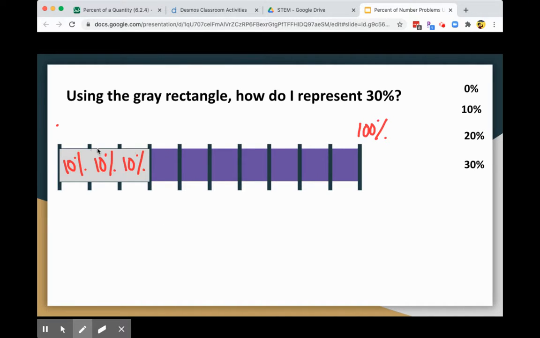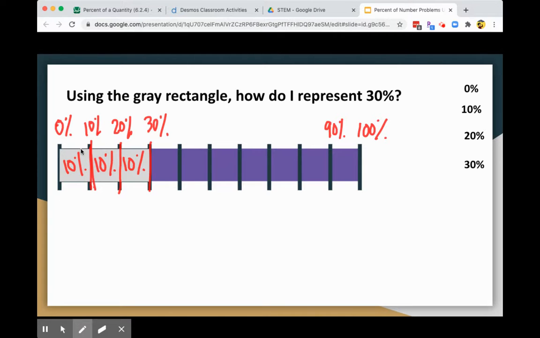This is 30% health. And another way to label this is to go like this. 0% is right here. If we make it this far, it's 10% health. If we make it this far, it's 20% health. And if you go this far, it's 30% health. 40, 50, 60, 70, 80, 90, 100.